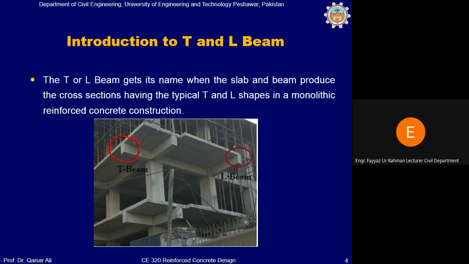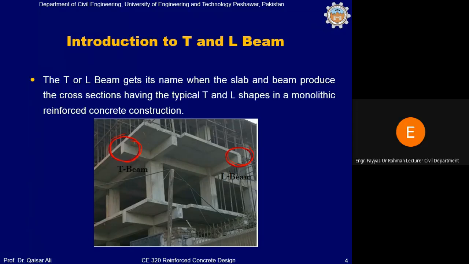And if it is an exterior beam, the shape will be L. So it will be an L-shaped beam. Clear? Because in a reinforced concrete building, there will always be slab resting on beams. So the shape of the beams will be either T shape or L shape. Clear?